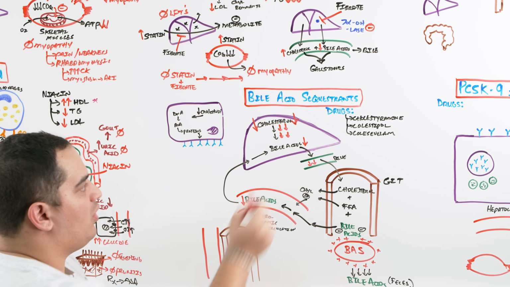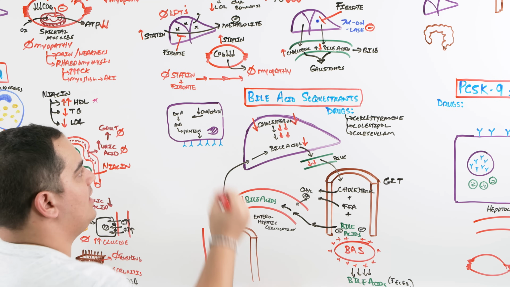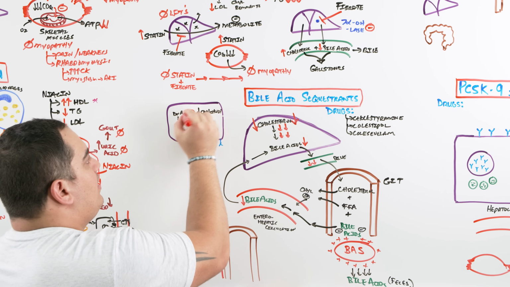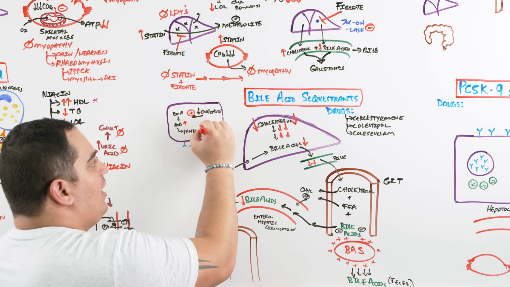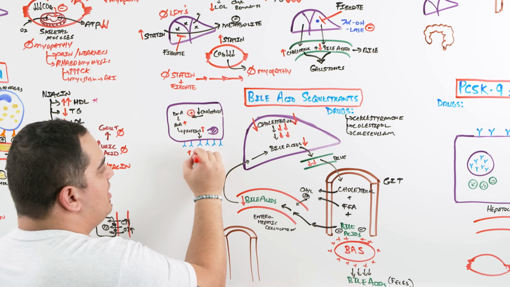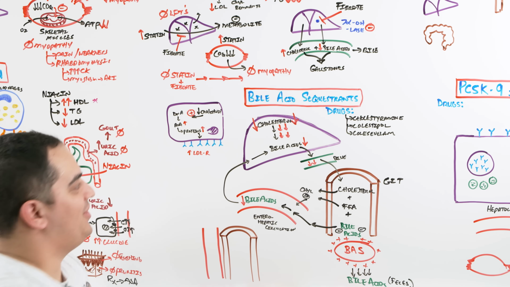So if there's less cholesterol because we're diverting it into making bile acids, that's going to stimulate the DNA, the genes that make LDL receptors.